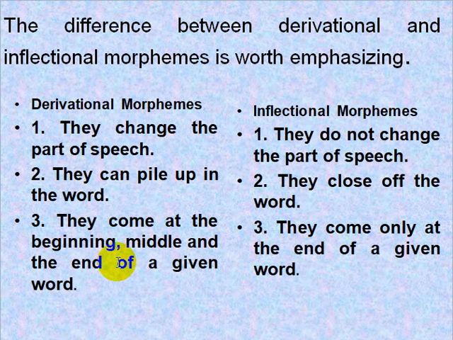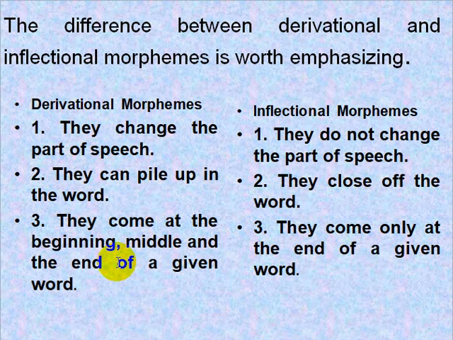This alize is a derivational morpheme which is used to indicate a verb, normalize. Then normalization, okay, normalization, and this tion is a derivational bound morpheme which is used to indicate the noun of a process, for example.